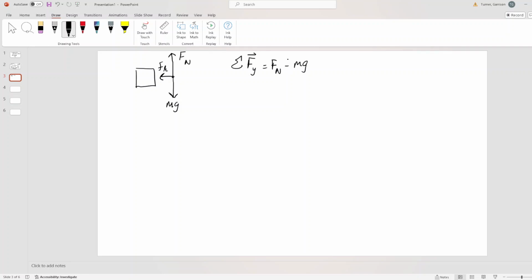So this minus sign is already taking the negative part of g into account. When we claim that the normal force is equal to mg, we've already taken that minus sign into account. So I don't need to put minus 9.8 into this calculation. I already put in the minus 9.8 right here, and when I move it over to this side, the g becomes positive. Just a note about that.